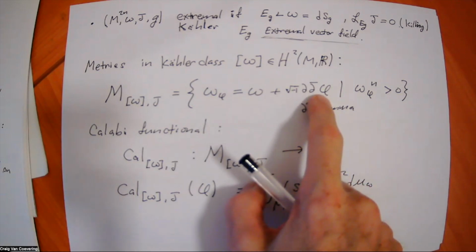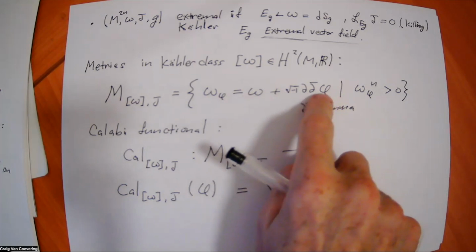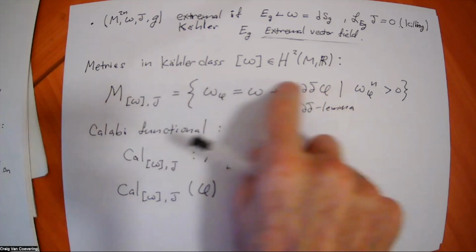At the end of the last talk, I mentioned an old paper by Mabuchi, where he defines a weak Riemannian structure on this set.